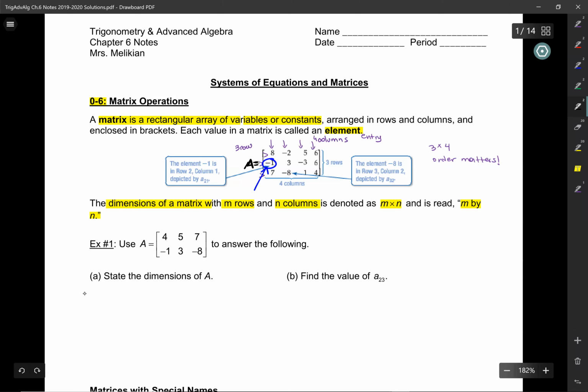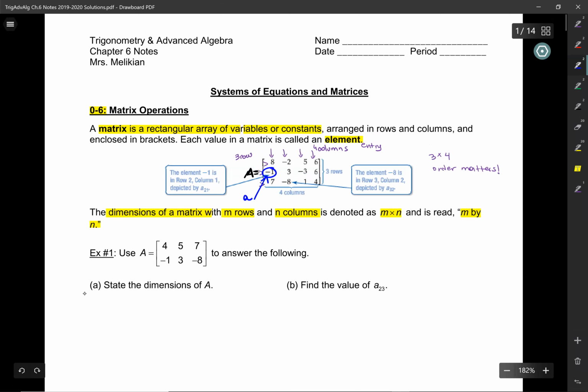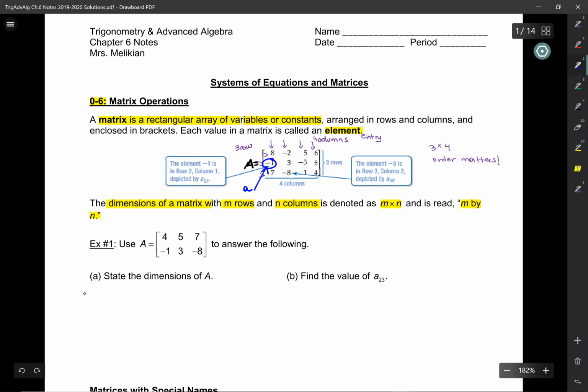This happens to be matrix A. So each of the little itty bitty entries in there will be designated as little a. And which row, which column does that -1 sit in? It sits in the second row, first column. So we call that A21.